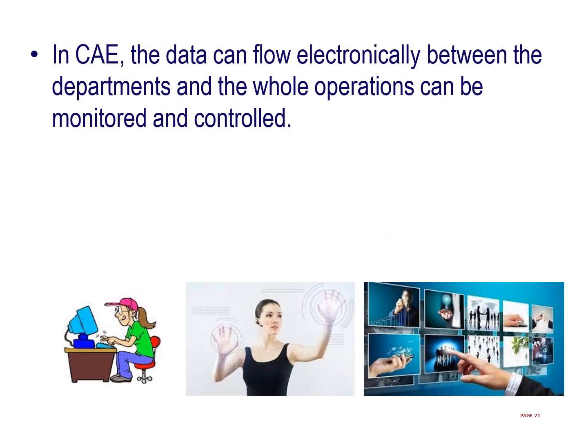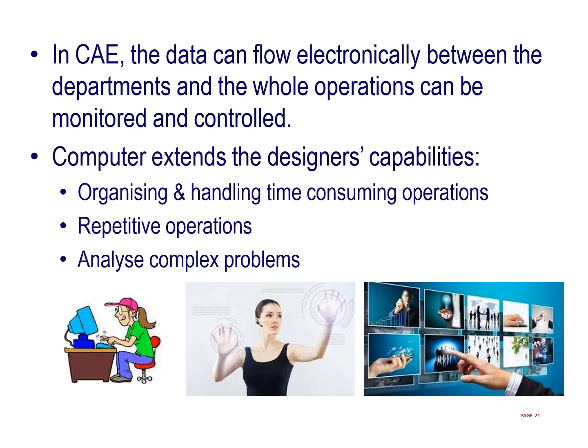In computer-aided engineering, the data can flow electronically between the departments and the whole operation can be monitored and controlled. The computer extends the designer's capabilities, like organizing and handling time-consuming and repetitive operations, and analyzing complex problems.